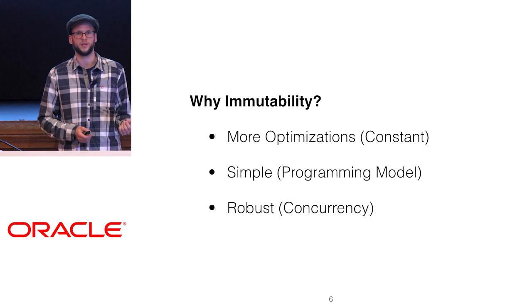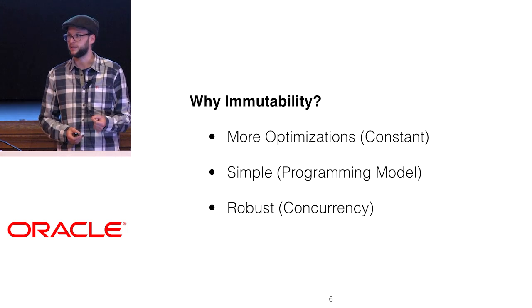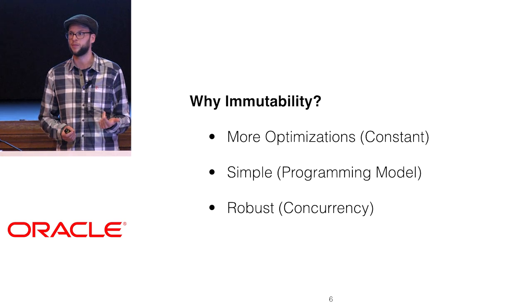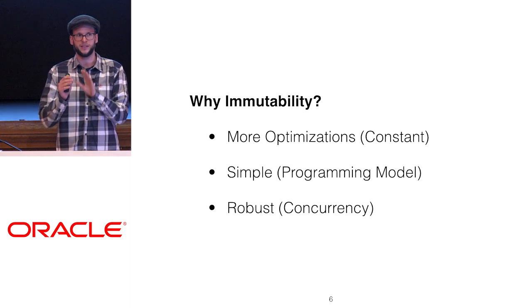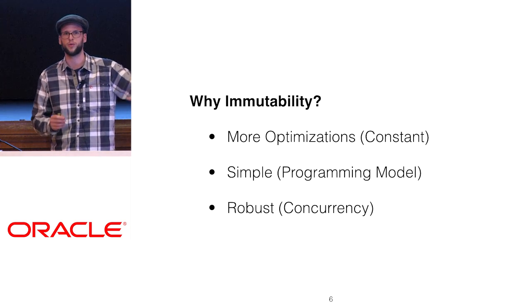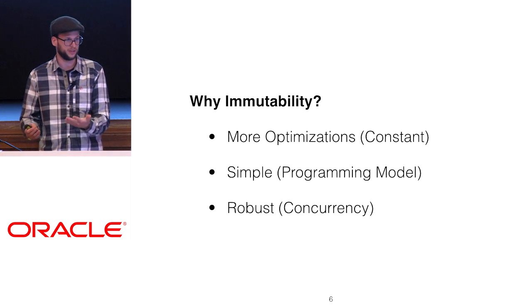But more importantly, from a user's perspective, it gives you a simpler mental programming model, because you're just coding with values, and the values you have don't change. So there is no leaking a reference to some other part of your program that probably corrupts the state of your collection.